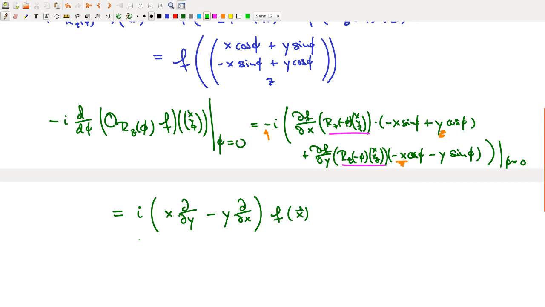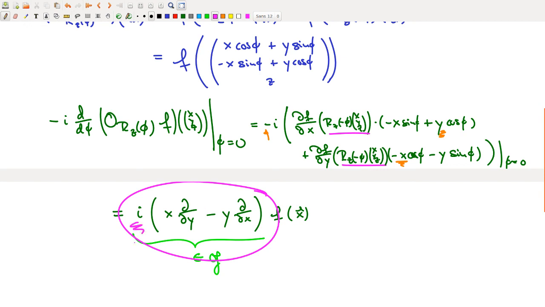Now we see that this thing here, that's the generator, that's in our Lie algebra now. And if you know some quantum mechanics in physics, you would recognize this object as a component of the angular momentum operator, the z component of the angular momentum operator, except for the prefactor here.